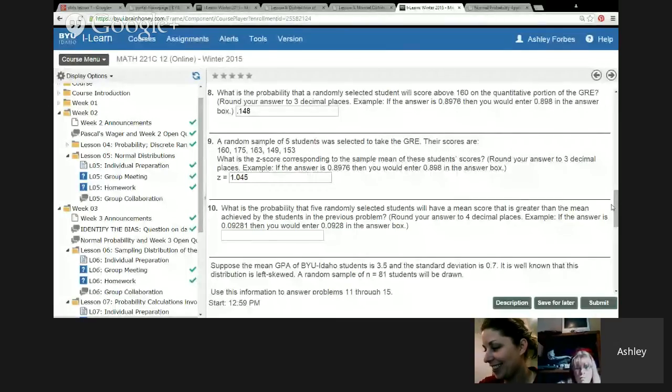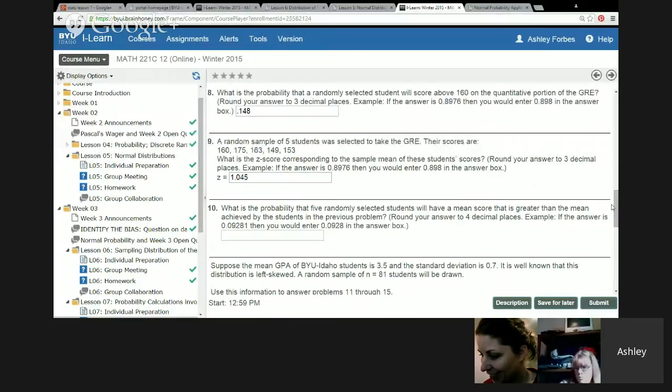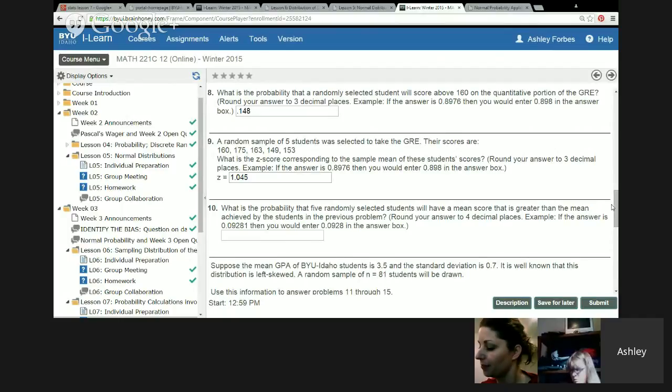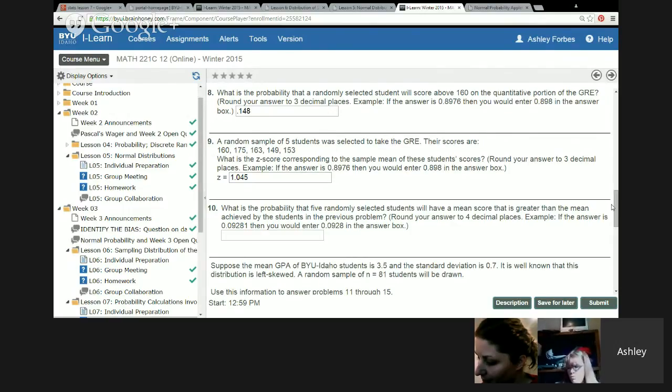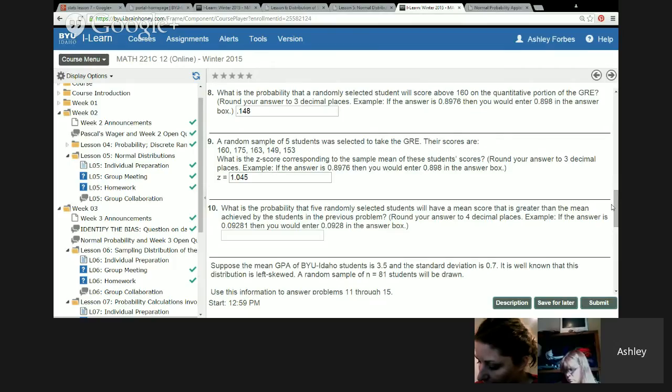Oh wait, don't do that yet. I forgot to do the top part, 160 minus. I got 2.570. Well, 2.571. 2.337.